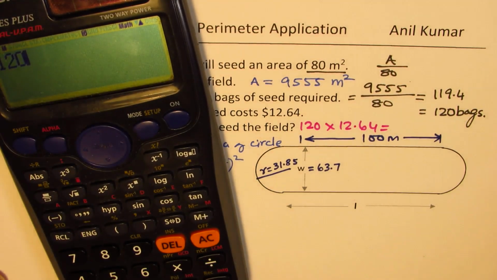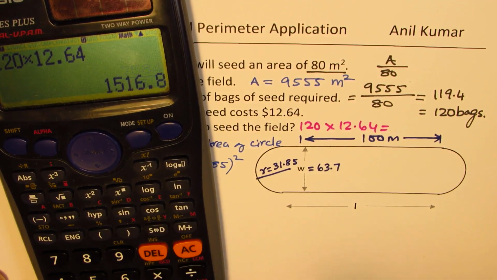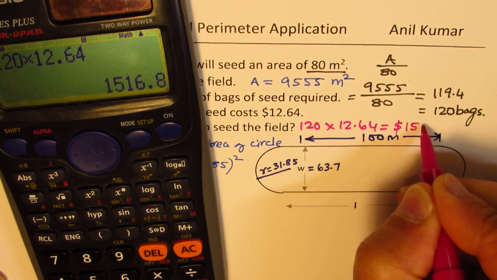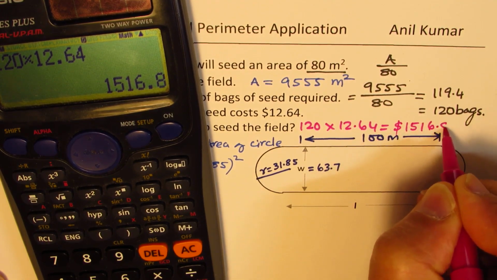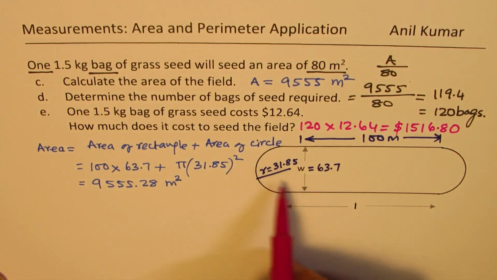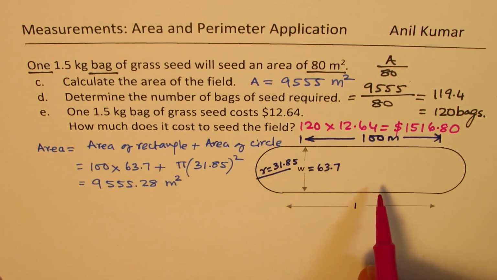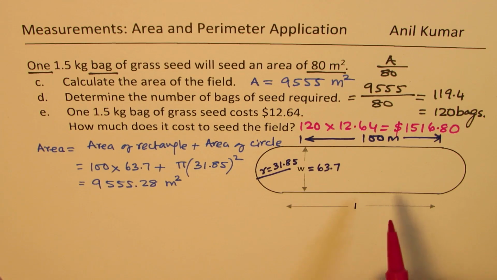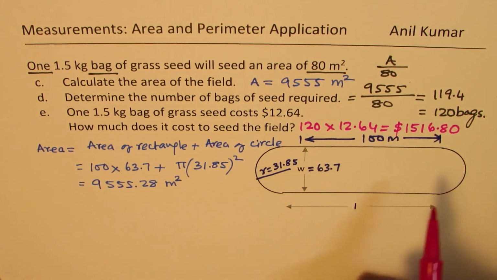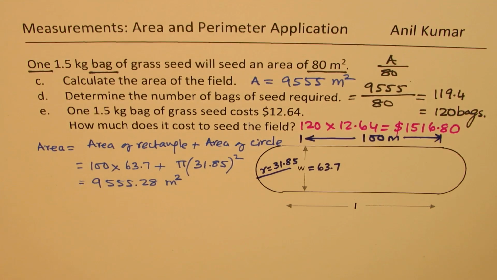We have 120 times 12.64, which is equal to, in dollars, 1516.80. So that becomes the cost of seeding the area of this running track whose perimeter is 400 meters, right? So that is how we are going to answer this particular question.